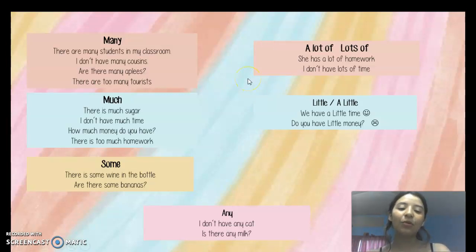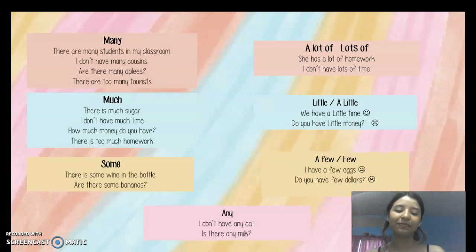As an example, we have a little time and it's okay. Do you have little money and it's not okay. We use little and a little only in affirmative and interrogative sentences.